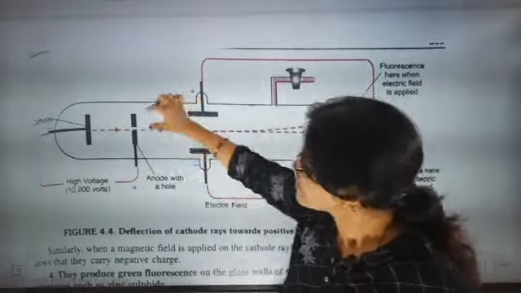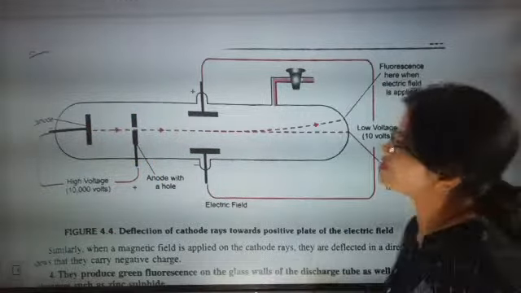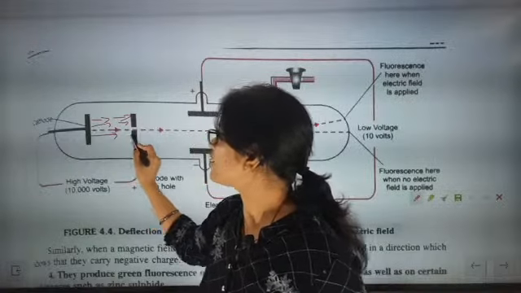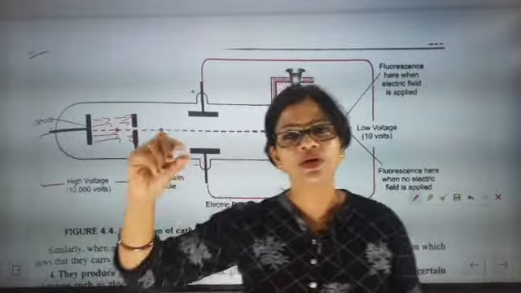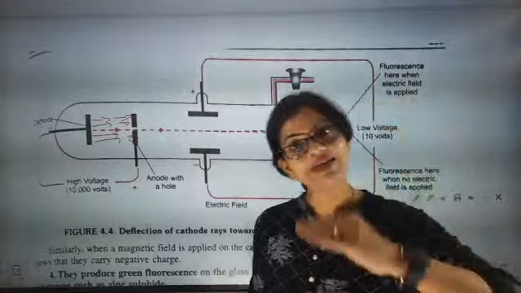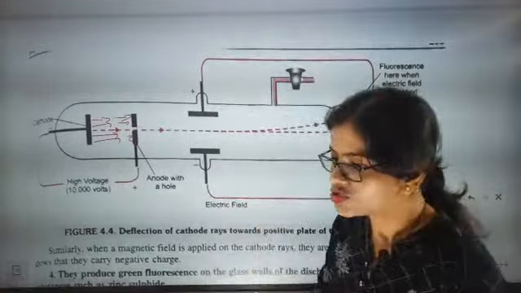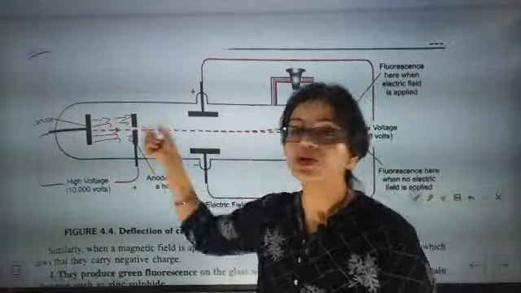See, actually what is happening here, Shruti, is that all the rays are going straight, na beta. Now this anode is trapping most of them. From this hole only a little bit will go through. Since only a little goes through, understanding the behavior becomes easy. If all of them went through, then we would not be able to see the deflection.